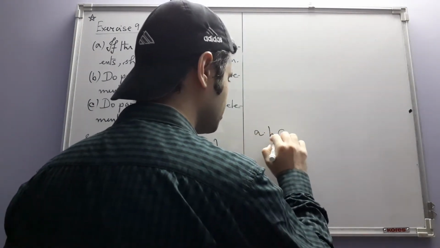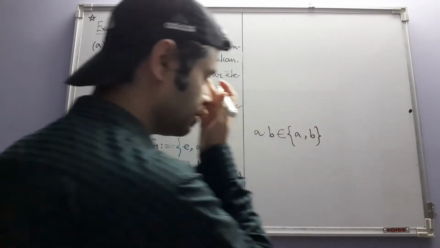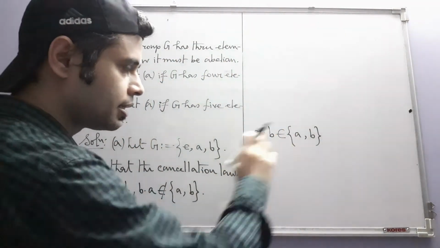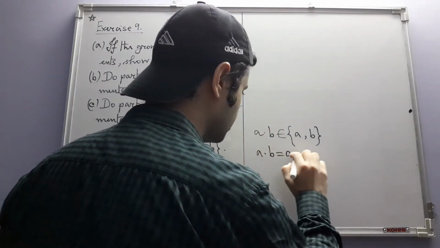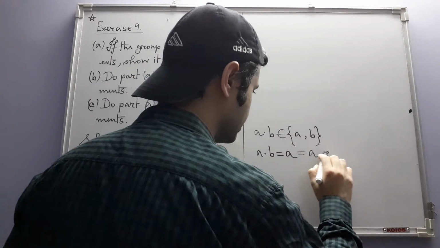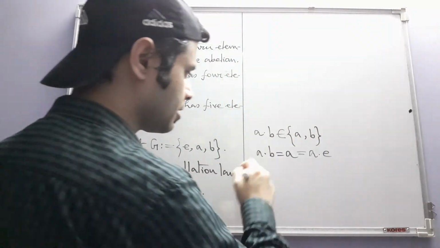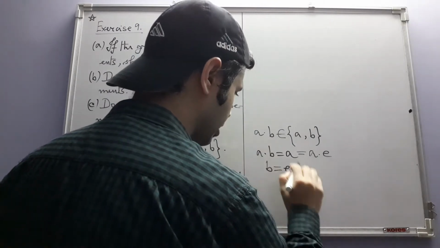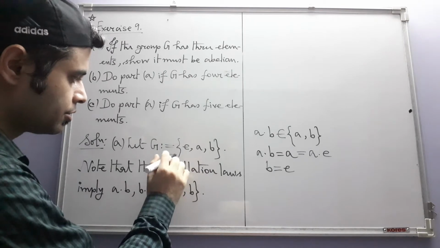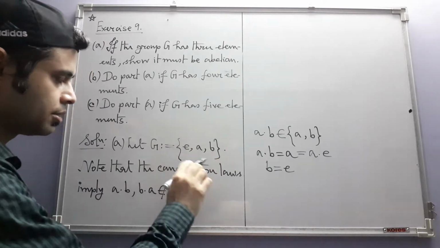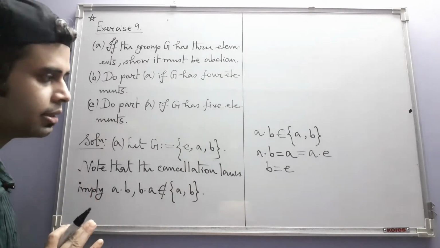If you assume that A dot B belongs to this set, then it is either A or B. If it is equal to A, then you can write A as A dot E. Then you can use the left cancellation law to cancel A from both sides to have B equal to E, which is clearly not possible because according to our description of the group, E, A and B are all distinct elements.